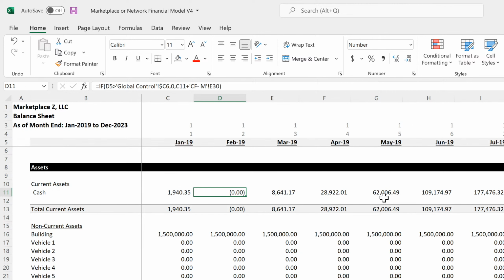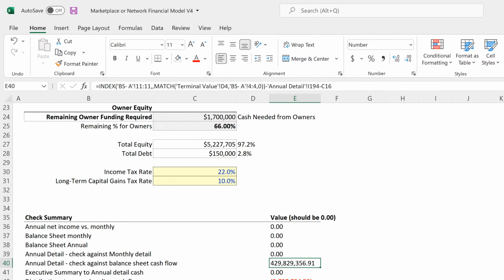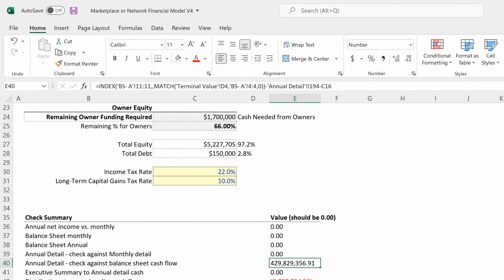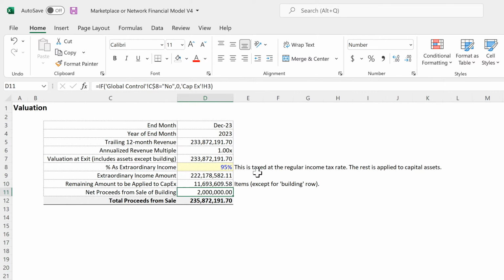What was I trying to? Oh, this number. So index balance sheet 11. So that is the cash balance that we want. Terminal value D for the year.